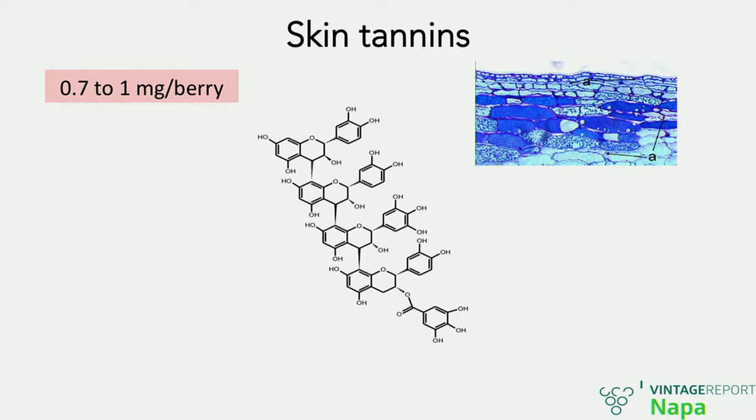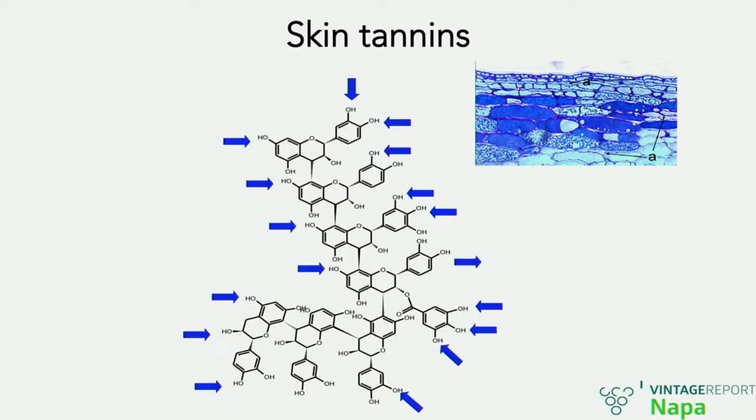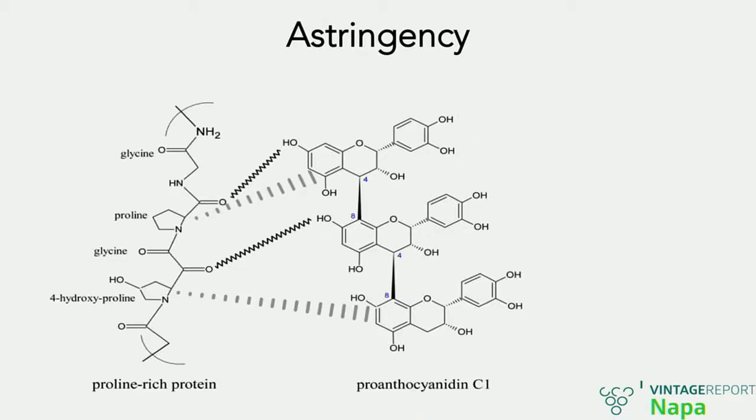Okay? Now, importantly enough, from a sensory standpoint, these skin tannins are large, much larger than those on the seeds. In this particular case, we have a tetramer, but we can have pentamers, hexamers, heptamers, and so forth. How high can they go? Up to 80 units. So they can be very large. Now, the larger the molecule, the larger the number of hydroxyl groups protruding out of the structure. And these hydroxyl groups are responsible for reacting with a specific set of proteins in your saliva by the name of proline-rich proteins.